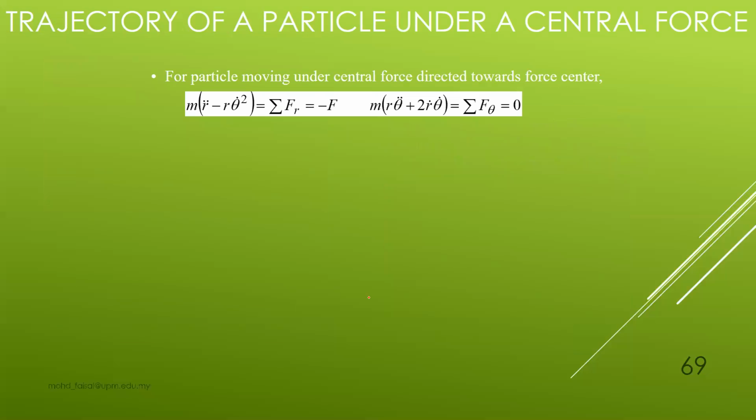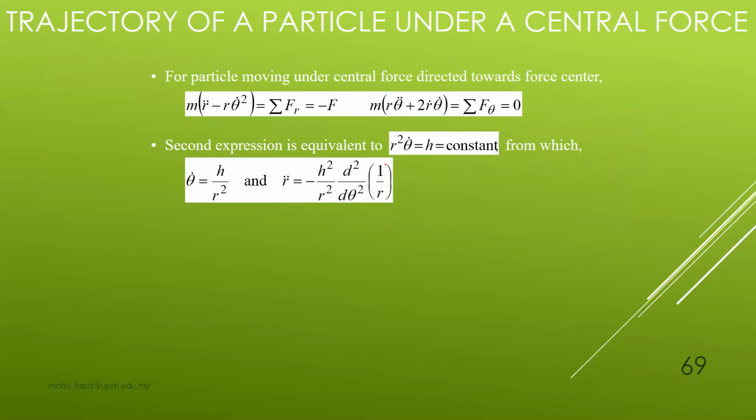For a particle moving under central force directed towards the force center, you can use this expression like so. The second expression is equivalent to r square theta dot, from which theta dot is equal to h over r square, and r double dot is equal to this part here.